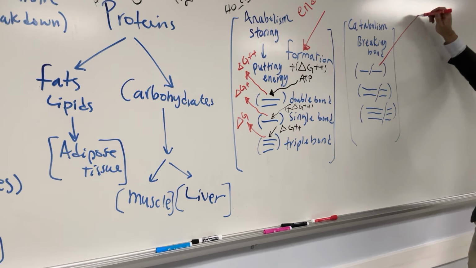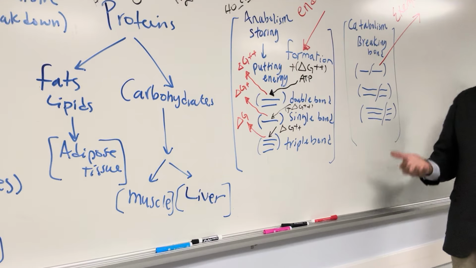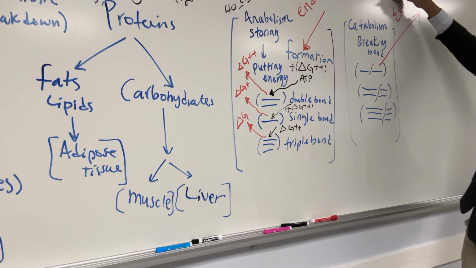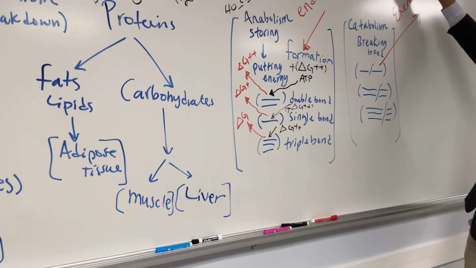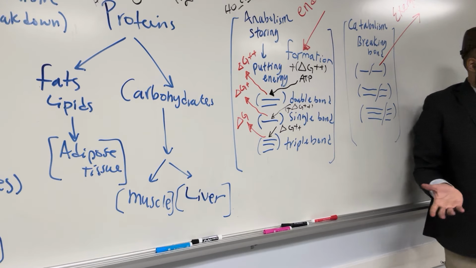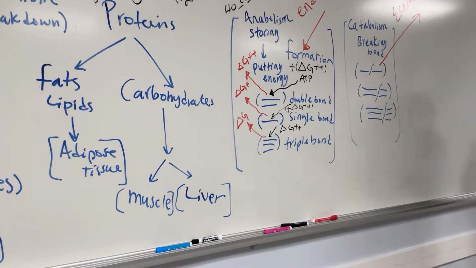That's going to be pointing out, and this is going to be called exergonic. There is endergonic, there is exergonic. In endergonic, delta G is positive. In exergonic, delta G is negative. So the energy came out because the bond was broken.